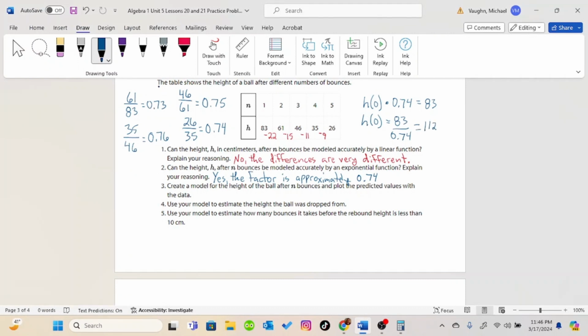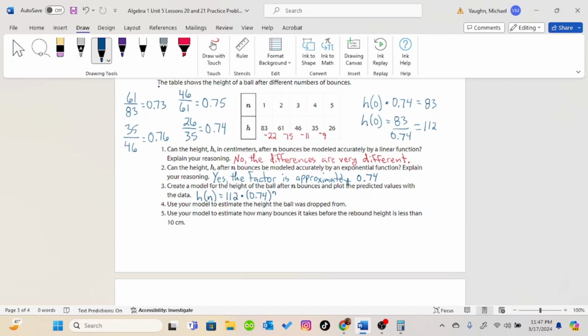So if I wanted to create a model, I would say approximately, let's say, h of n equals 112 times 0.74 to the power of n.